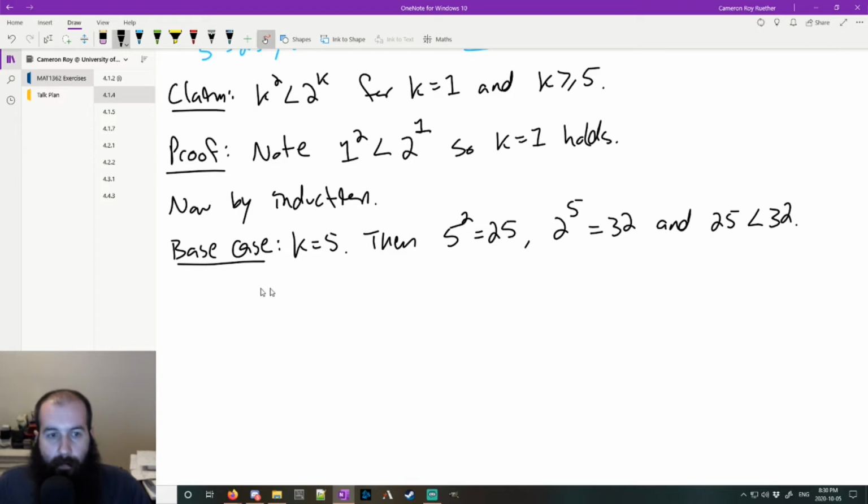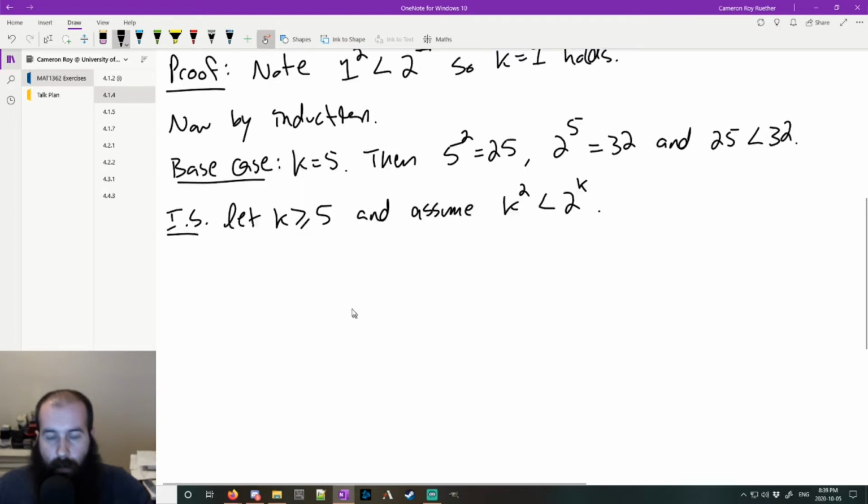So now for our inductive step, our inductive assumption is to let k be greater than or equal to our inductive base case, which is 5, and to assume that k squared is strictly less than 2 to the k. First, we're going to note some things about k.